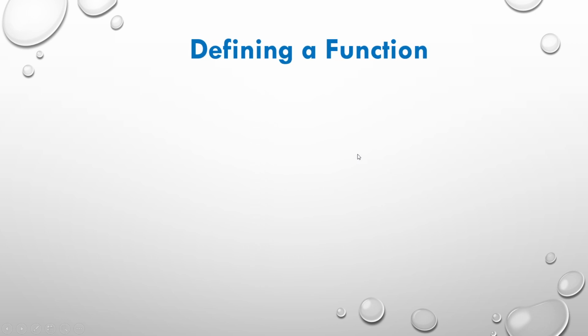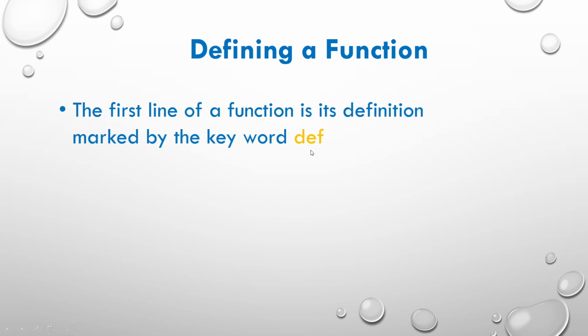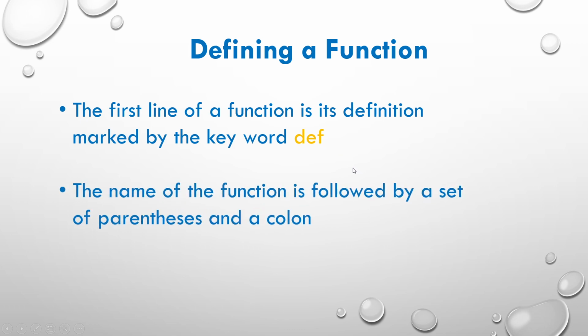So, in defining a function, we want to look at how you can define a function. The first line of a function is a definition marked by the keyword def. Def stands for definition. Then the name of the function is followed by a set of parentheses and a colon. It's very important.